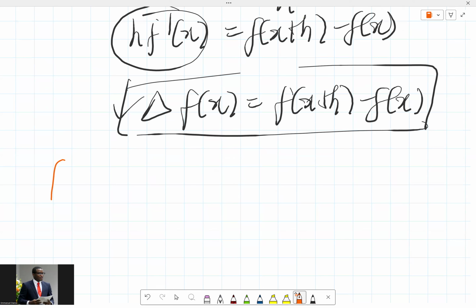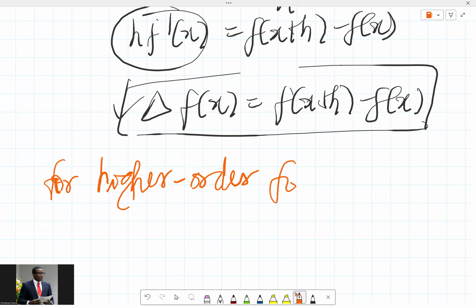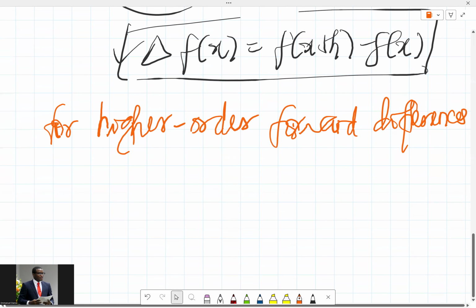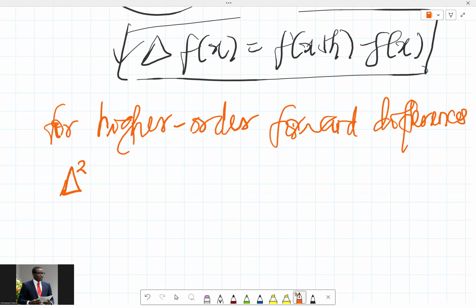For higher order forward differences, we may be required to compute them. We already know delta f of x, so we now have delta squared f of x, which is delta applied to delta f of x.